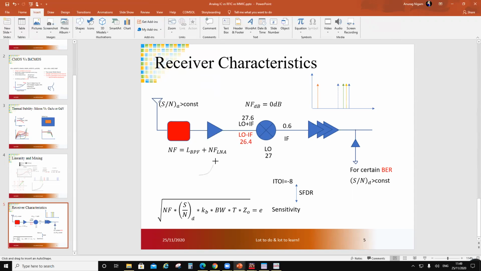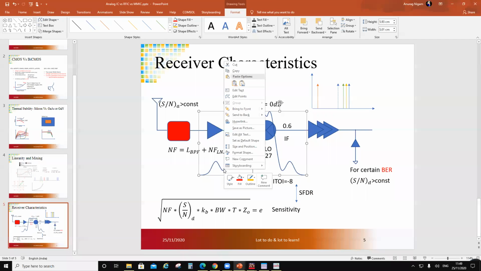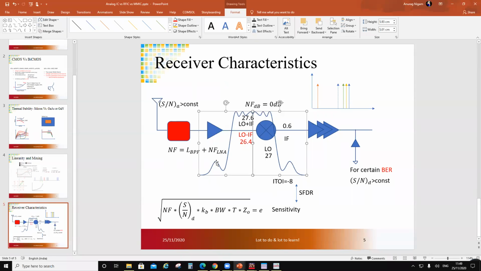Let's say that's my filter, and just put that filter around there.